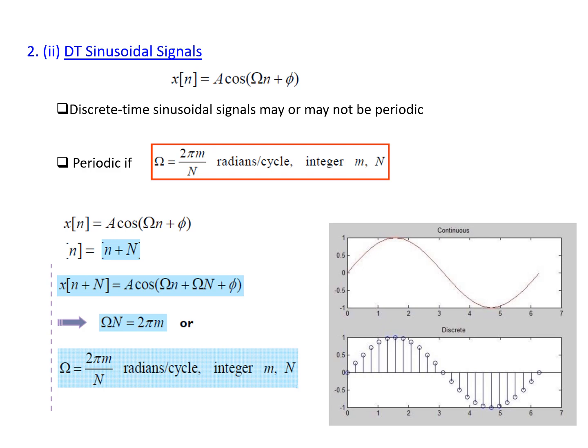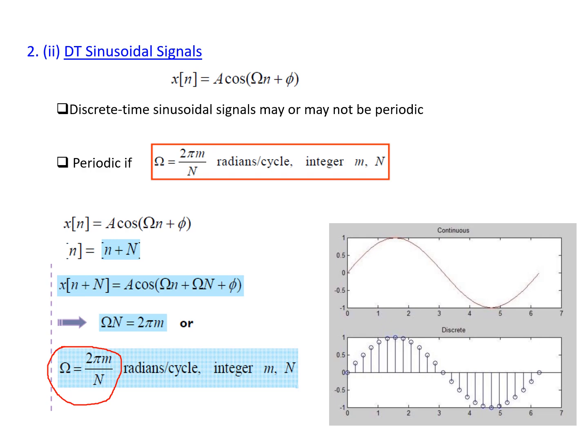That is, for this signal to be periodic, the term omega into capital N must be an integer multiple of 2 pi. Let the integer multiple be m. That means omega N should be equal to 2 pi m. In other words, omega is equal to 2 pi m by N, where m should be an integer. So this is the condition for making a sinusoidal signal periodic. That is, angular frequency omega must be a rational multiple of 2 pi radians.